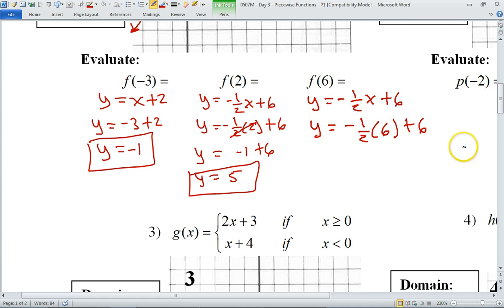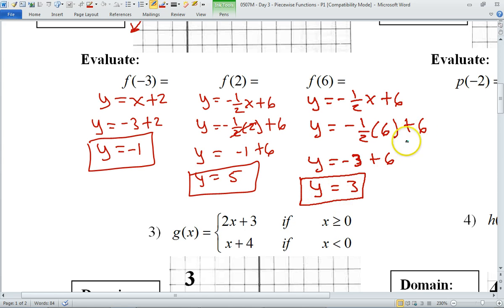If you need to just put that in your calculator, you go right ahead. Okay? But what I will do is, what's half of 6, you guys? Half of 6? 3. So that makes this -3, because half of 6 is 3. So -3, then plus 6, so that makes this +3. That's how you evaluate.